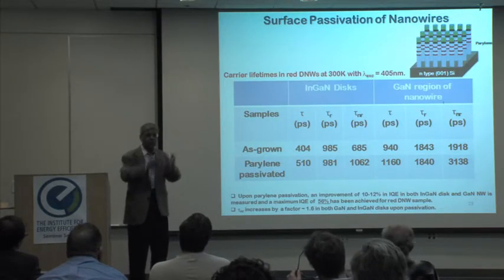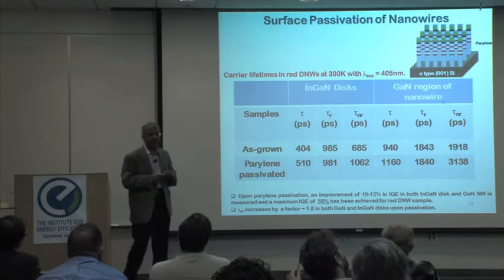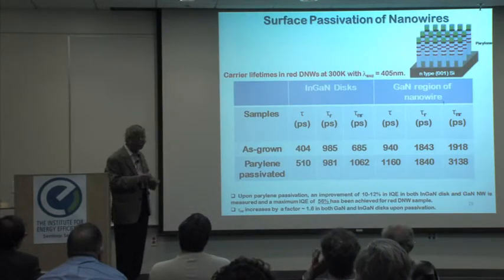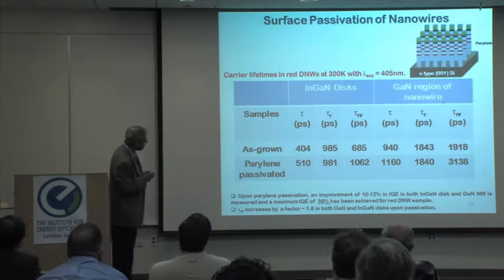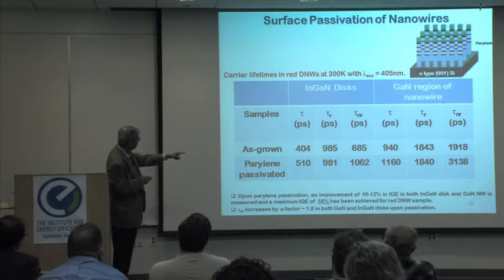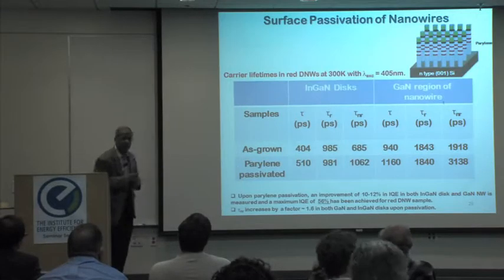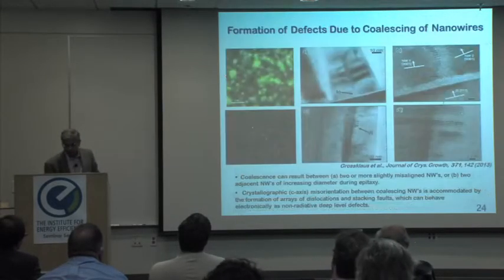So what we are really doing is cutting down the density of the surface states and reducing the band bending and all that happens. And we see the same thing with the passivation, both in the disk region and in the nanowire region. The increase in the non-radiative lifetime is by about a factor of 1.6. So again, it's the same result.